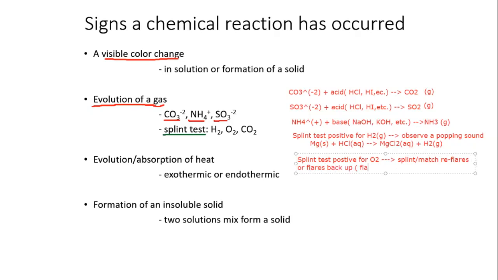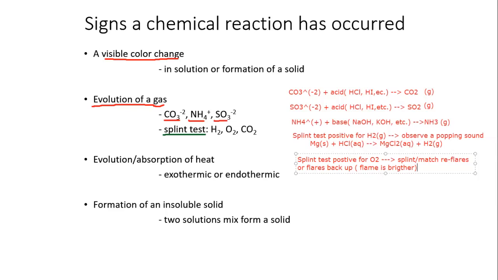So you could say the flame is brighter. As you bring the flame near the mouth of a test tube where oxygen is being produced, since oxygen is the fuel for combustion, when you add more oxygen, the flame gets bigger, brighter, and flares back up.